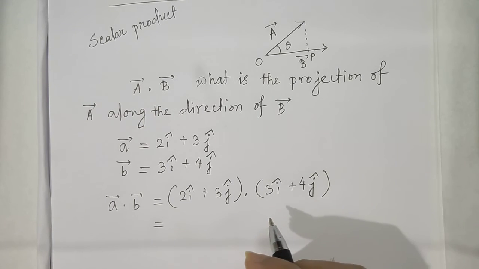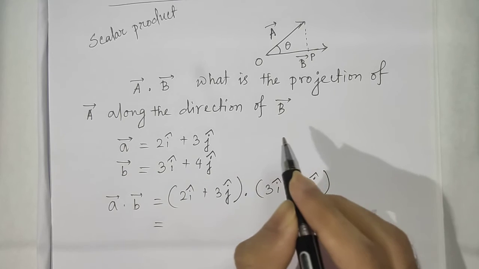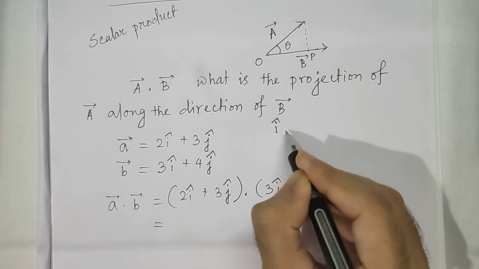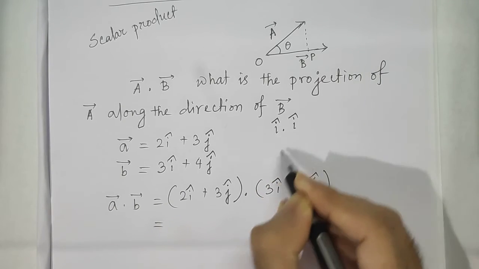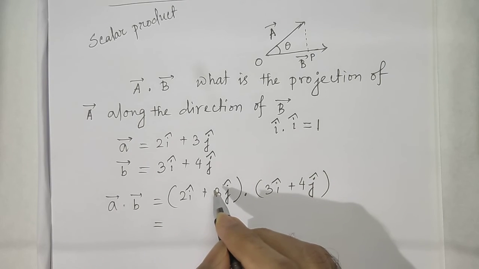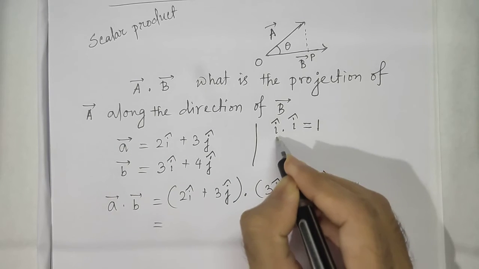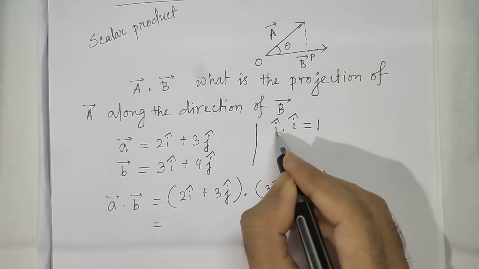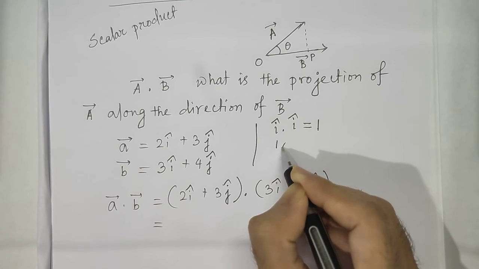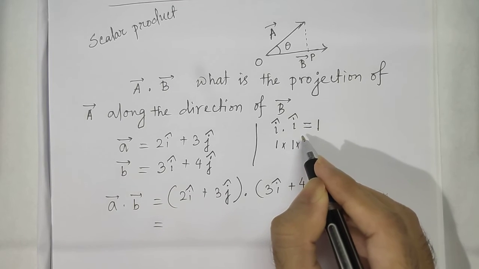Whenever we are dealing with the Cartesian coordinate system, we have to know something. The unit vector i cap dot i cap will be 1. Why 1? Let's find out. Because the magnitude of the vector i is 1, into the magnitude of this vector i is 1, into the cos theta.